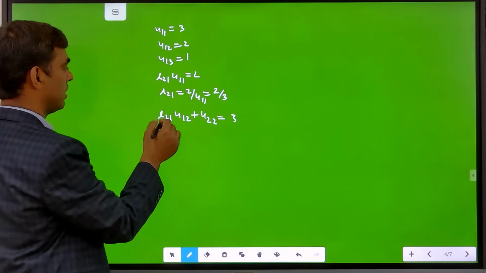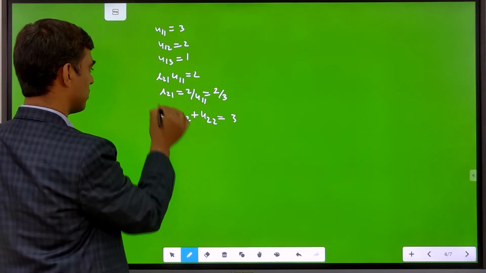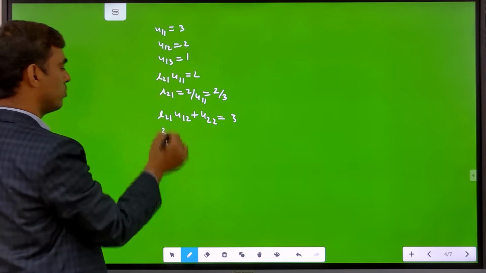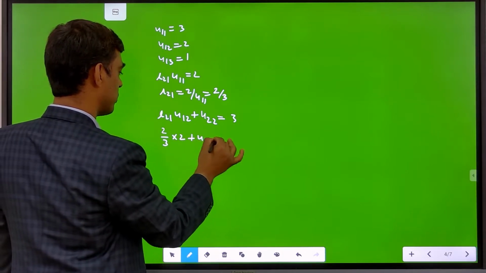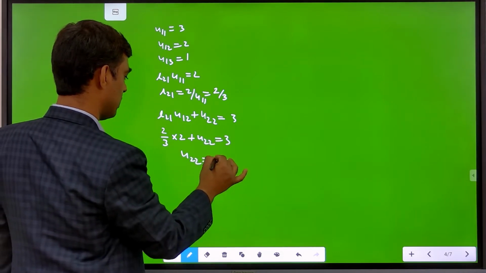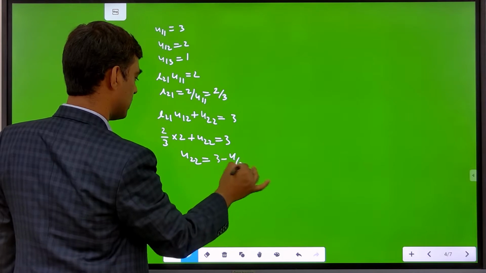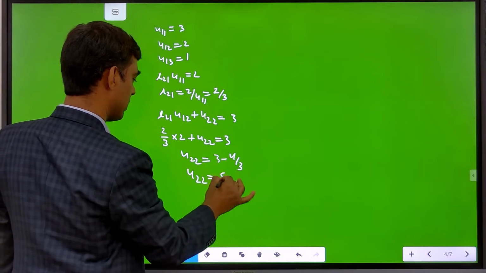So here we have the value of L21, which is 2 by 3 from here, and the value of U12 is 2, plus U22 equals 3. So this becomes U22 equals 3 minus 4 by 3, and this U22 becomes 5 by 3.